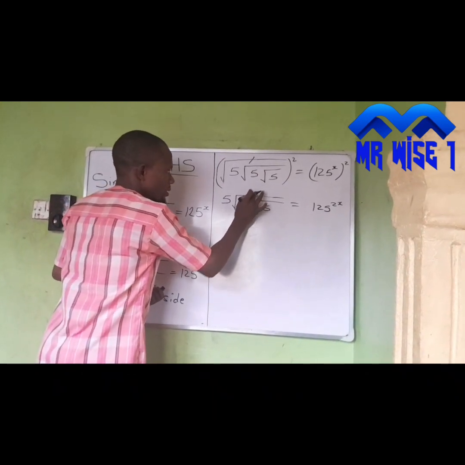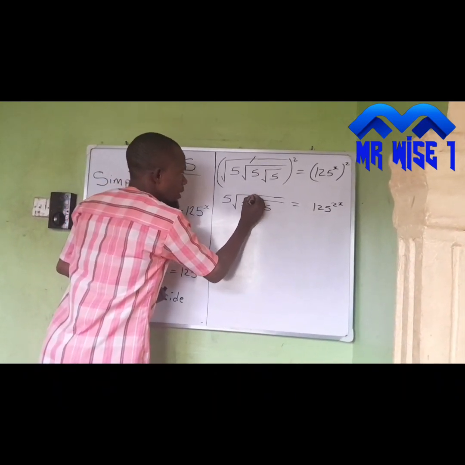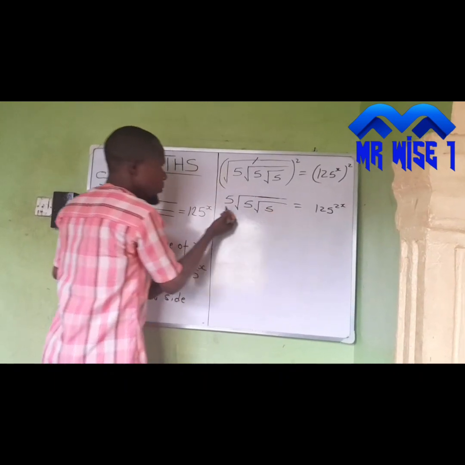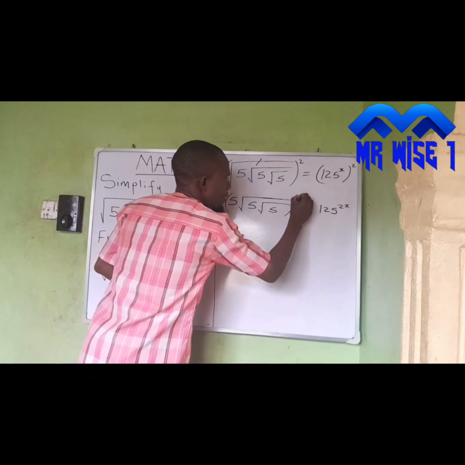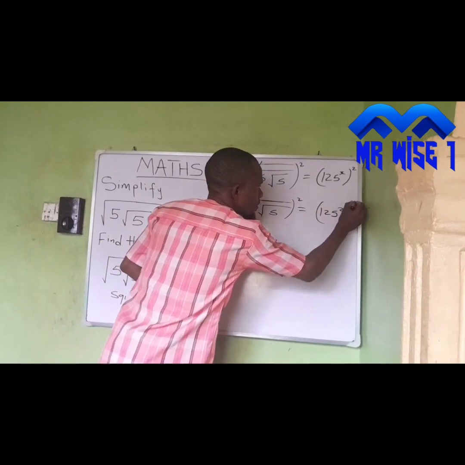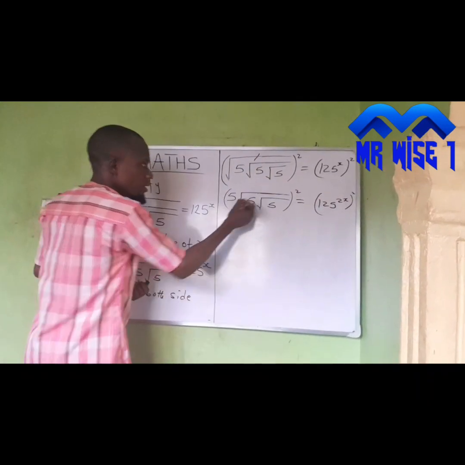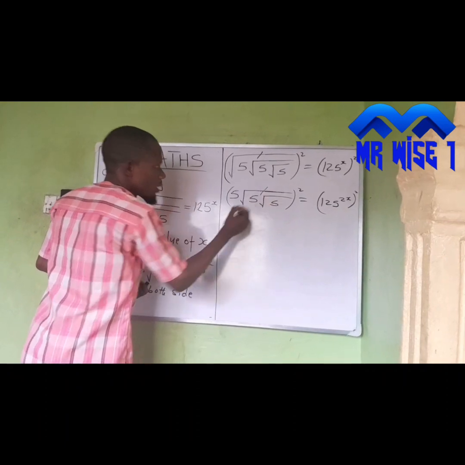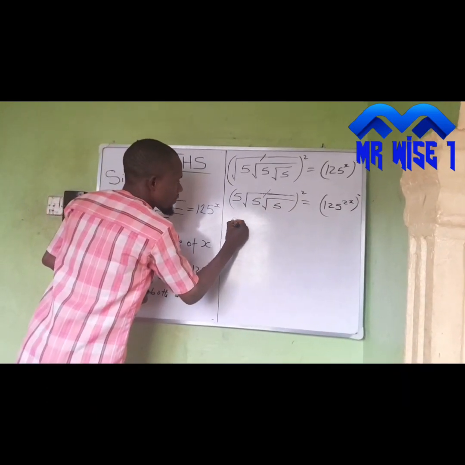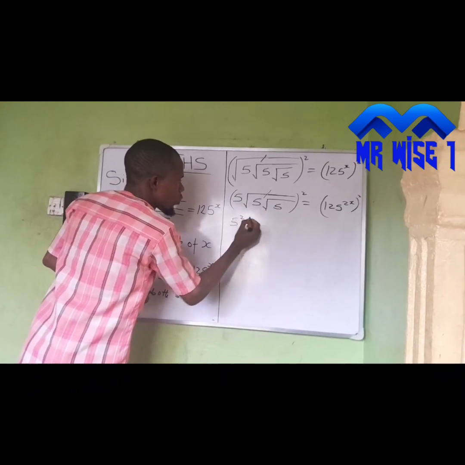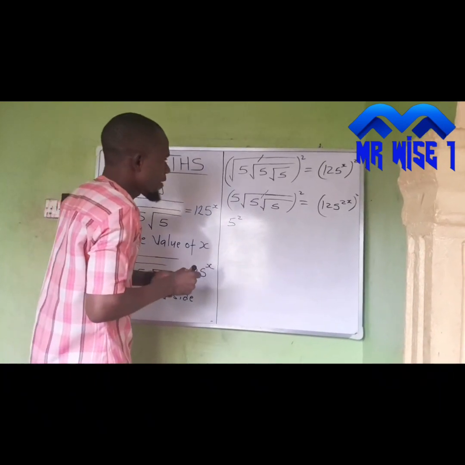Look at it now. I'll still have to square both sides, which means this will be squared. When I square this, this will go, and this square will affect this 5. So I have my 5 squared.